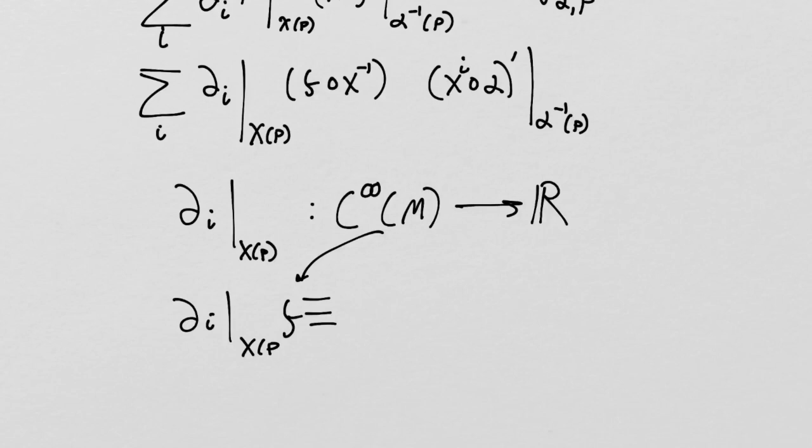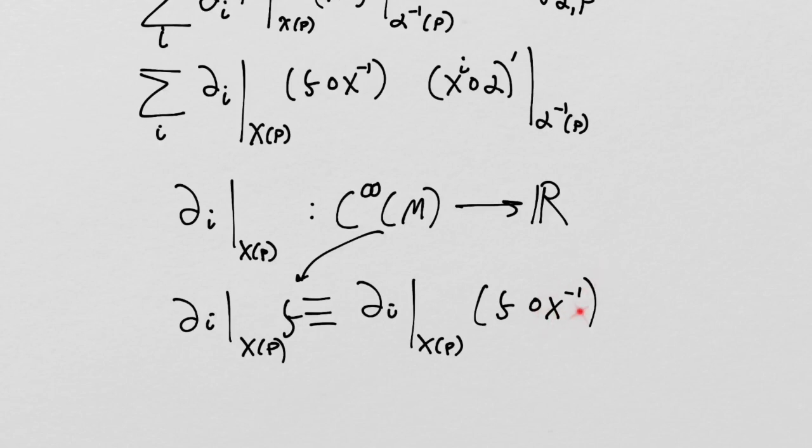You take a function f out of C infinity, and you're going to define it as operating not on f, but on f composed with x inverse, right? You're going to throw in that coordinate. And you can always do it, because remember, this is defined in terms of coordinates. This is the derivative with respect to a coordinate. So you always have x inverse.